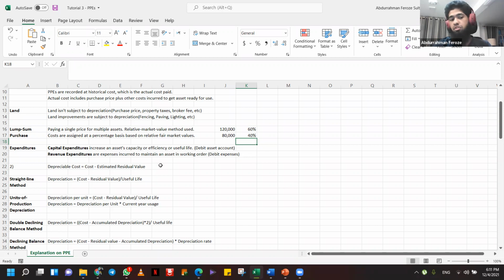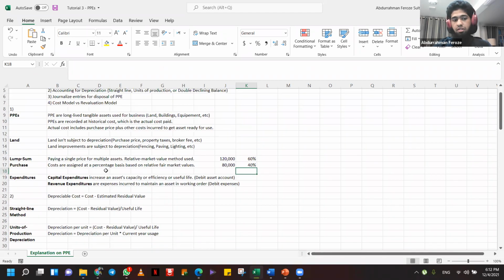Whereas revenue expenditures are like repairs, or certain things that you buy, maybe fuel or lighting, small things that do not add to the life of the asset. And so they are just expenses and they go into the SOPL. So the revenue expenditure is debited into the SOPL as expense, and capital expenditure is debited as an asset into the SOFP, right?